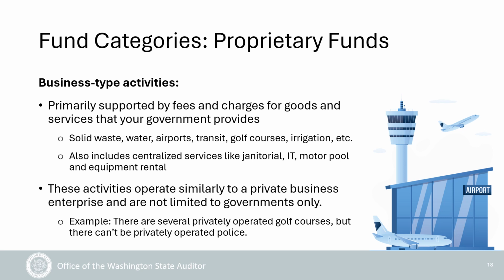So how do we run a golf course and still be in compliance with laws and citizens' expectations? We generally support the golf course with fees and charges for service, such as membership fees, green fees, and any pro shop purchases.